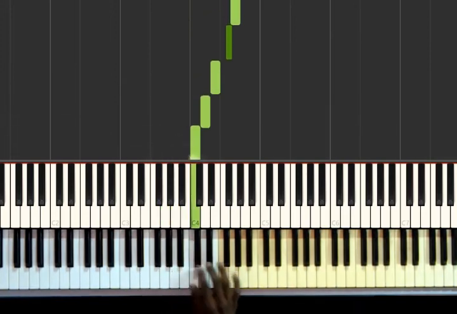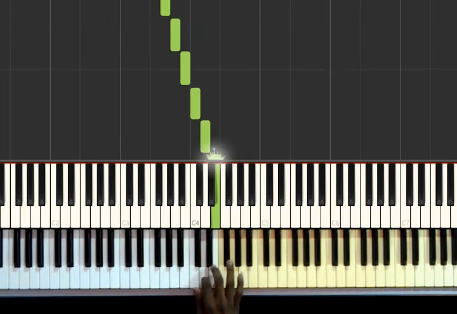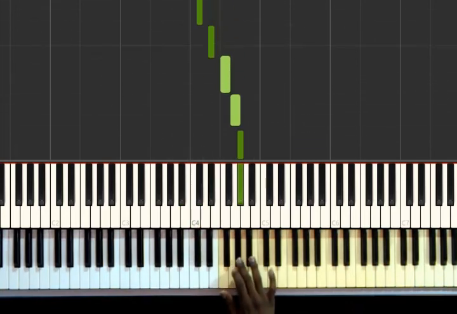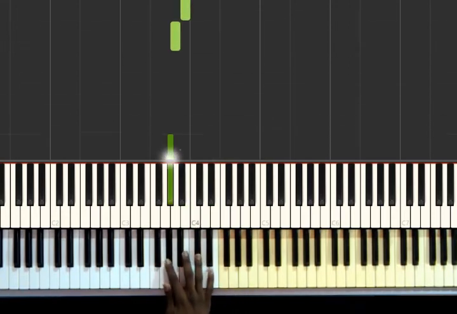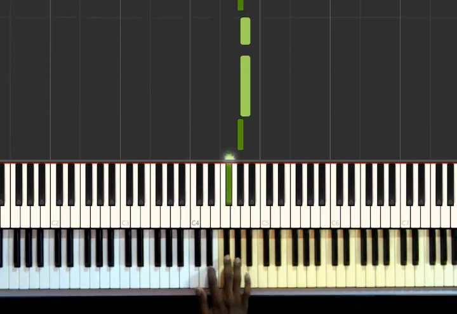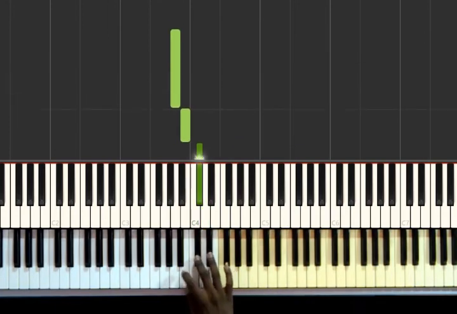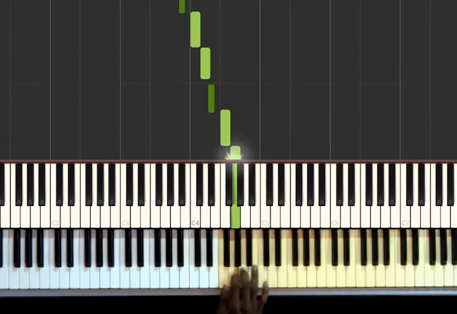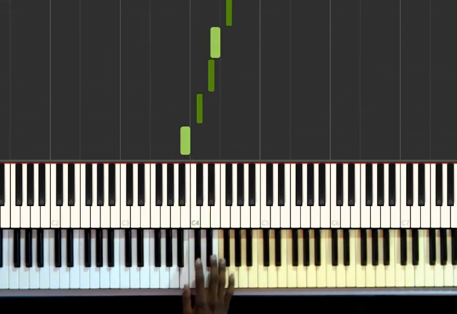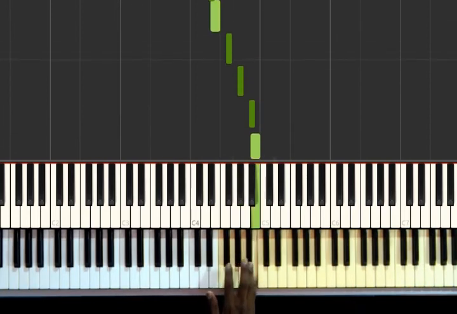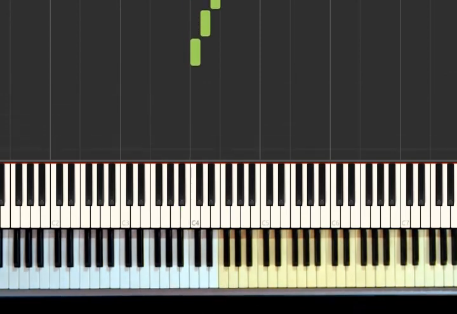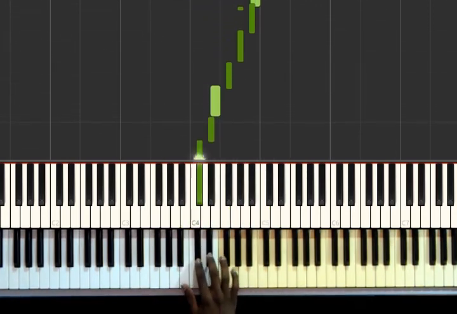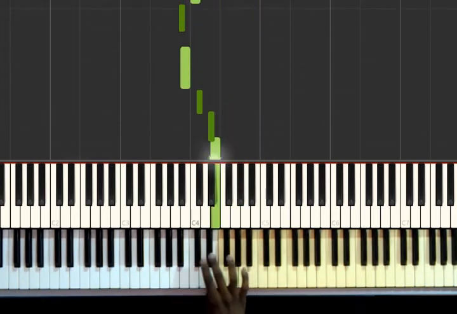G. G sharp. A. B flat. B. And back to C. B. B flat.